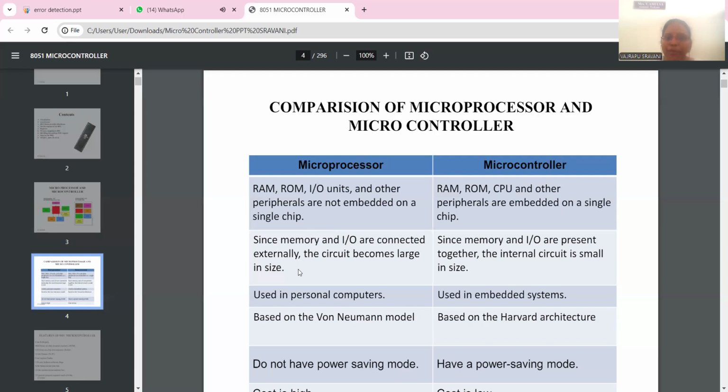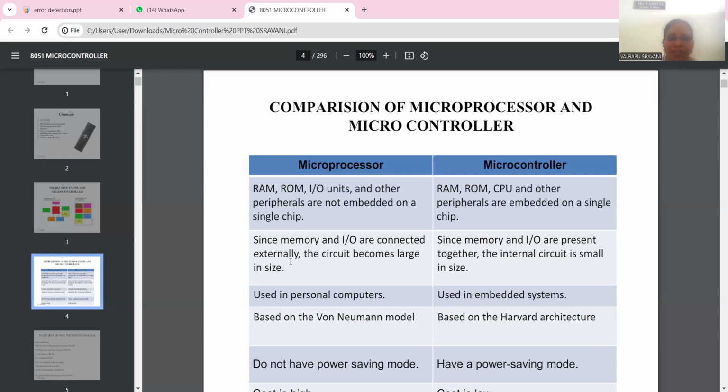Since memory and input-outputs are connected externally, the size is very large. For the desktop, we need to connect all the devices externally, which is why the size of the product becomes very large. But in the microcontroller, there is no need to connect any external devices, so its size is smaller compared to the microprocessor.